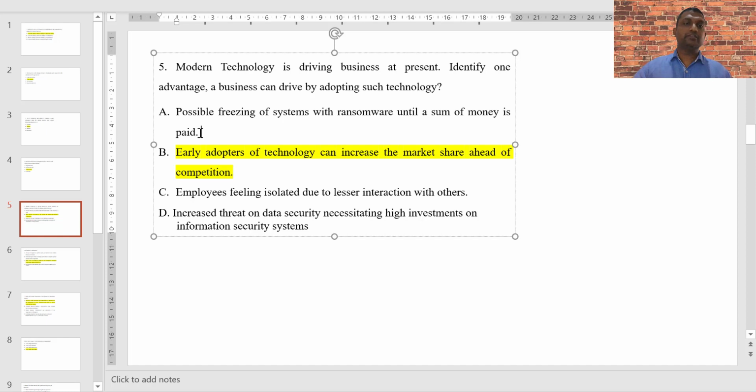So there can be disadvantages like that. And when more and more technology is used, there is less physical interaction among staff members, because most of the processes and interactions are done through the system. Employees who used to work with other people face to face will not have that interaction anymore, so they will feel isolated and lonely.